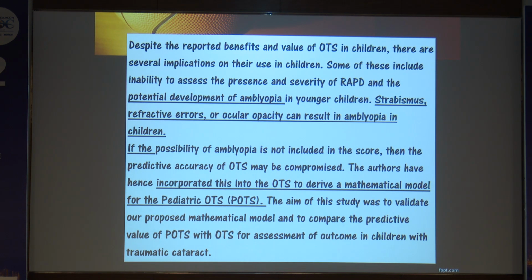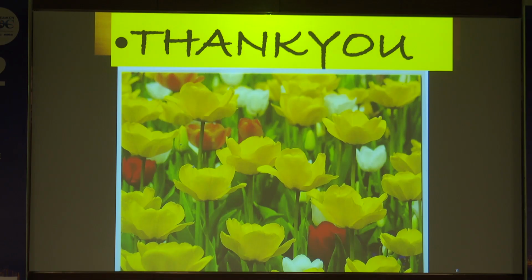So the authors have incorporated another mathematical model called POTS, the Pediatric Ophthalmic Traumatic Score, which helps to safely compare the predictive value in children with their injuries and whatever is going to happen thereon from the possibilities of strabismus, amblyopia, etc., to give a reasonable assessment of children with traumatic cataract.